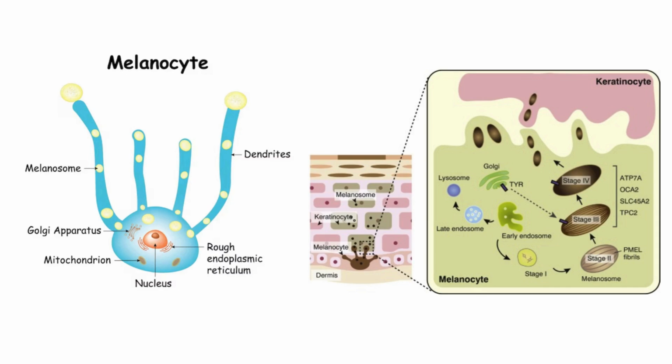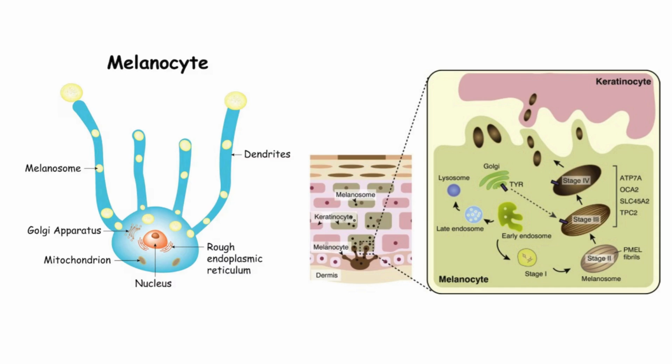PMEL17 is deposited and tyrosinase is present, but pigment synthesis has not started, forming in the endoplasmic reticulum and they are incorporated into the melanosomes. For complete maturation of melanosomes, an increase in intramelanosomal pH from 5 to 6.8 is required, which is dependent on P protein.